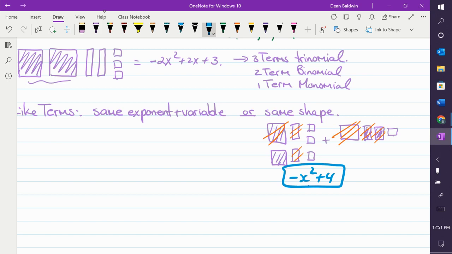If you're doing it with algebra, and I have those two, what are my like terms here?